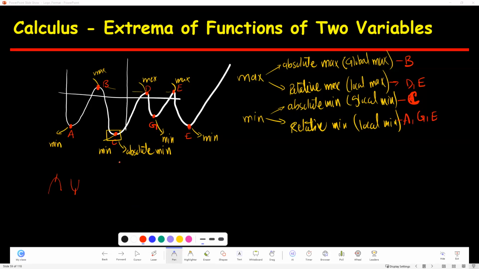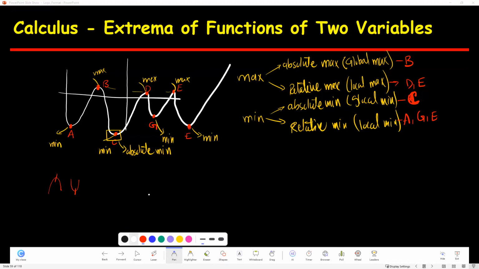But nobody talked to me about two more things. Why is this point not a max? Why is this point not a max? They are max, right? Or maybe the curve is coming down here. Maybe this point is min, right? So another thing we're learning here, we're going to make some changes in our system or definition. We're going to treat absolute a little bit differently.